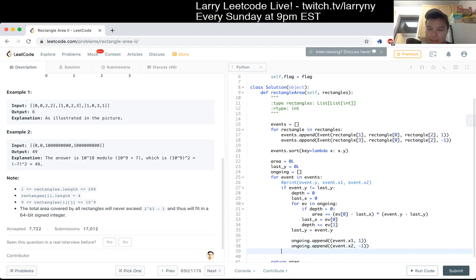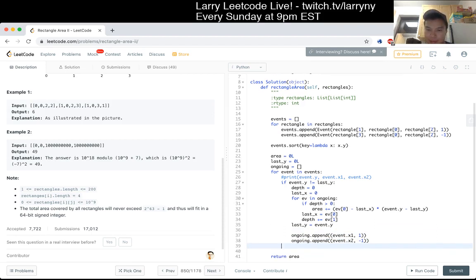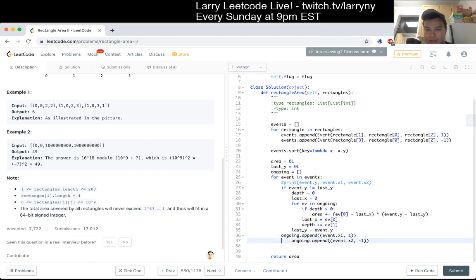Okay. What if this? Ah, well, this is only if the event dot flag is... Wait, what?